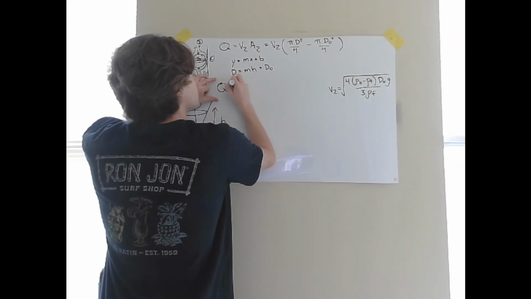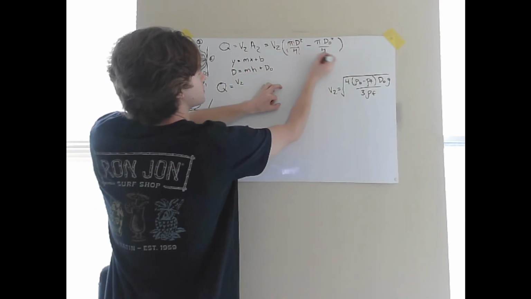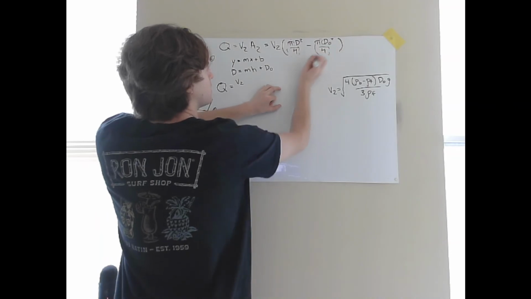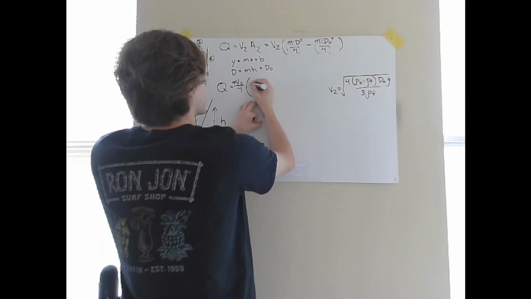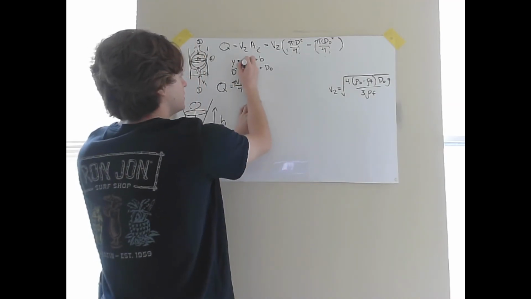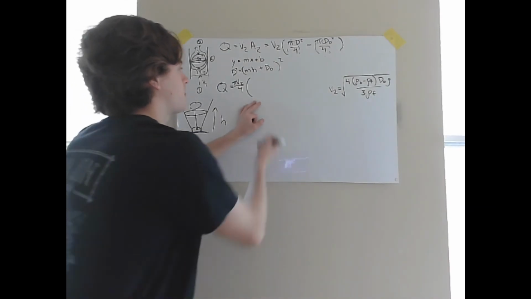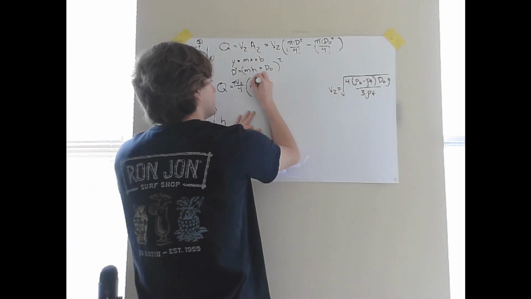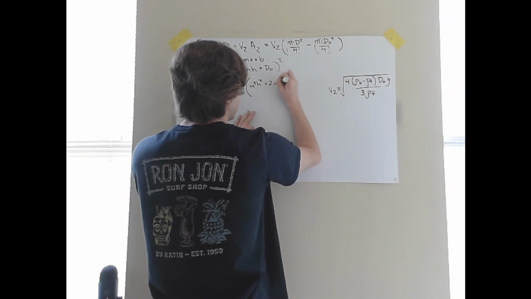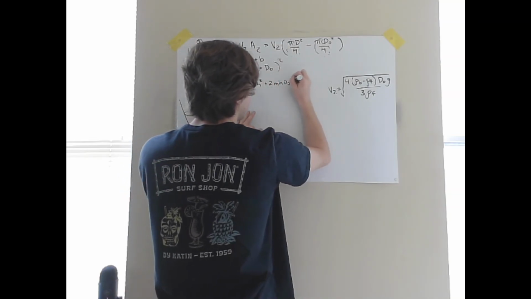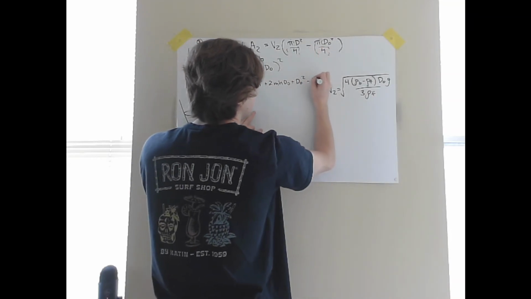So we're going to have Q equals V times area. I'm going to pull out this term since it's here and here. So we're going to have pi over 4 times D squared. So D squared is just equal to this equation squared. So m squared times h squared plus 2 m h D naught plus D naught squared, and then we have minus D naught squared.